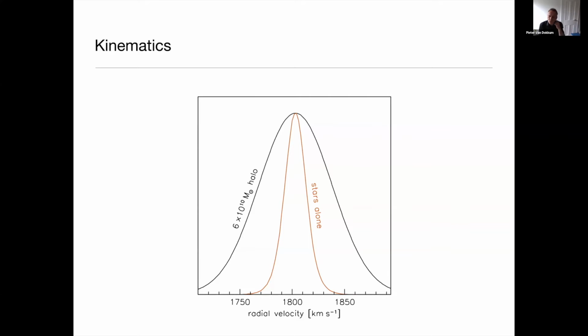I didn't put 10^12 on here. That would be even wider, right? Because that's another factor of 10 extra mass, so it would be a factor of 3 wider here. The distribution wouldn't really fit nicely on the plot. For a normal halo, we'd expect this particular distribution, and for the stars alone, if there were no dark matter, you'd expect the red distribution.